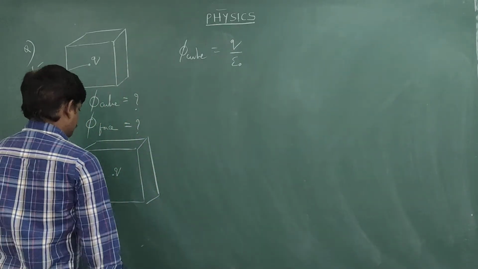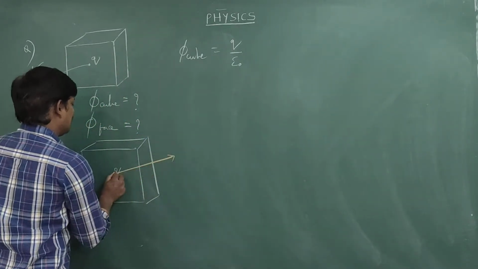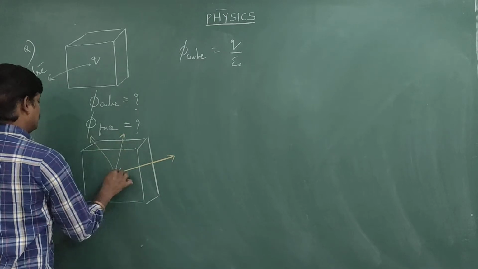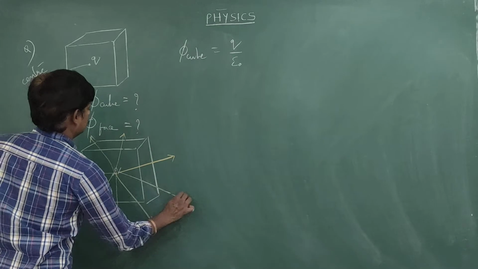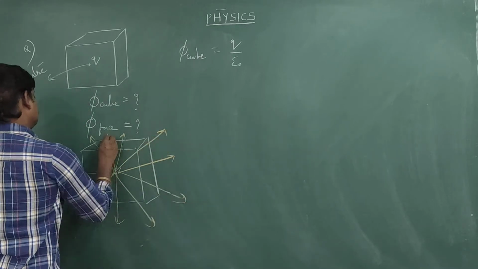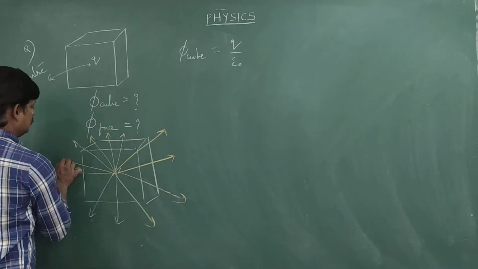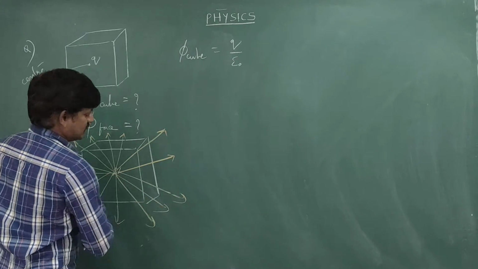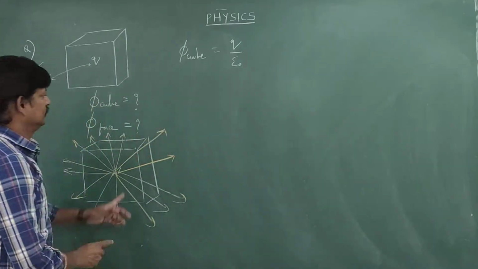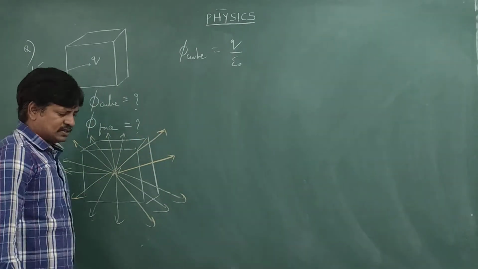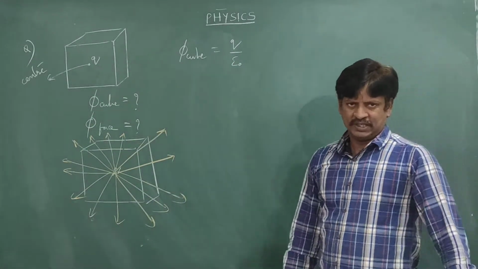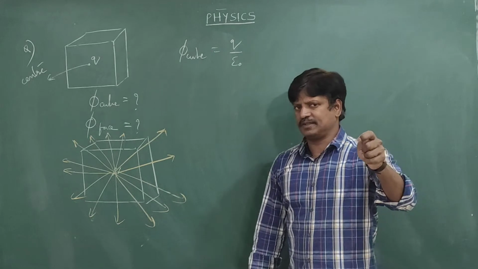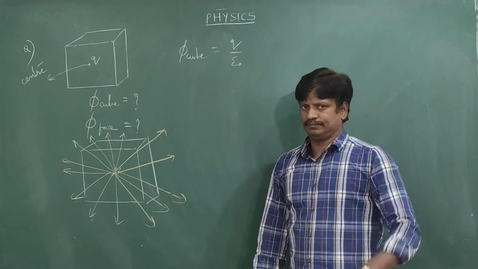Let me take this positive charge. So electric field lines will pass through the surface like this. That means the charge is identical to all the 6 faces. That means through each face, flux is same.